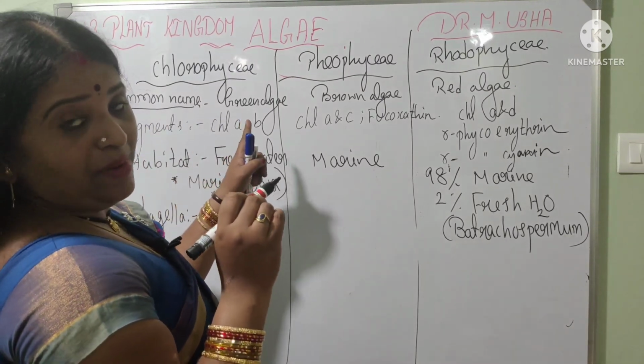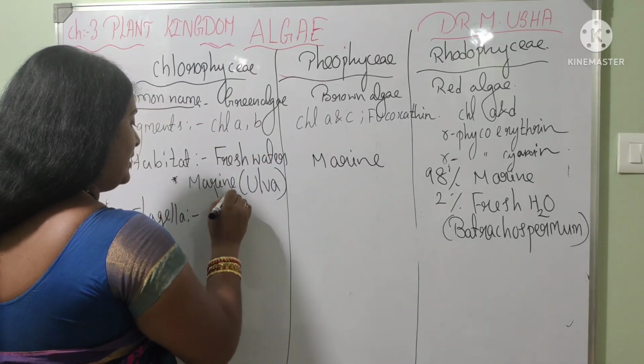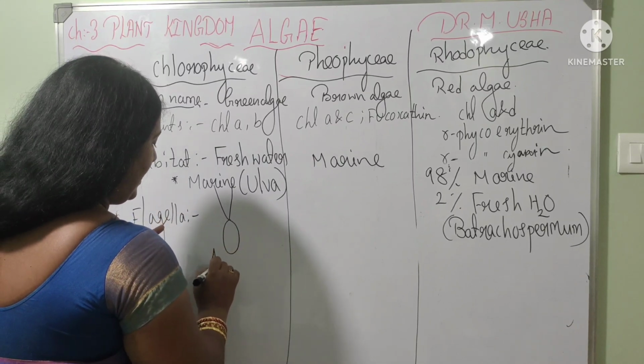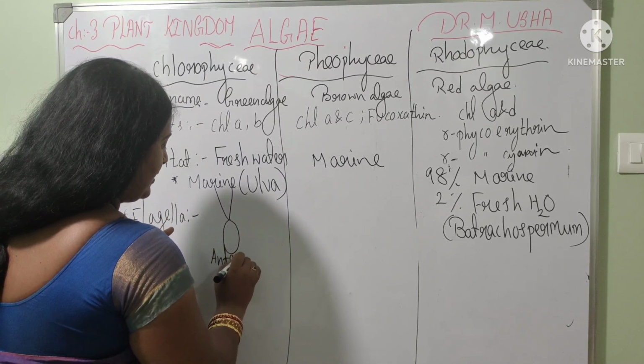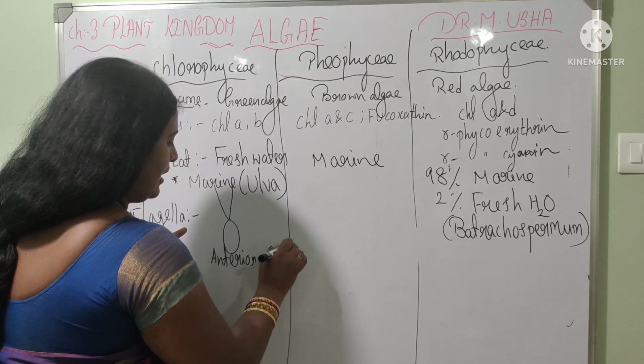Now, next coming to the flagella. In all Chlorophyceae members, you find that the flagella are anterior and two equal flagella.